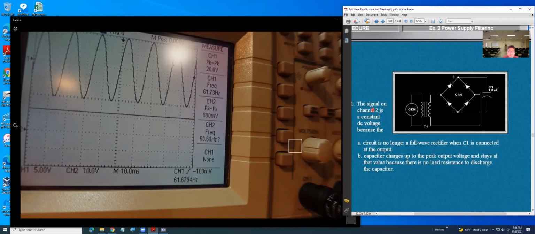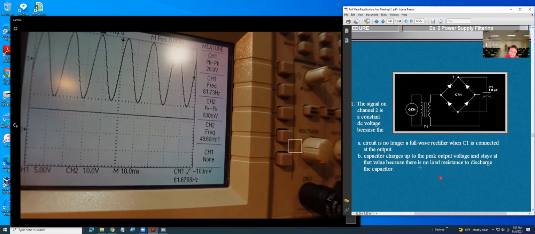The signal on channel 2 is a constant DC voltage because the circuit is no longer full-wave rectified when C1 is connected at the output. The capacitor charges up to the peak output voltage and stays at that value because there is no load resistance to discharge it.